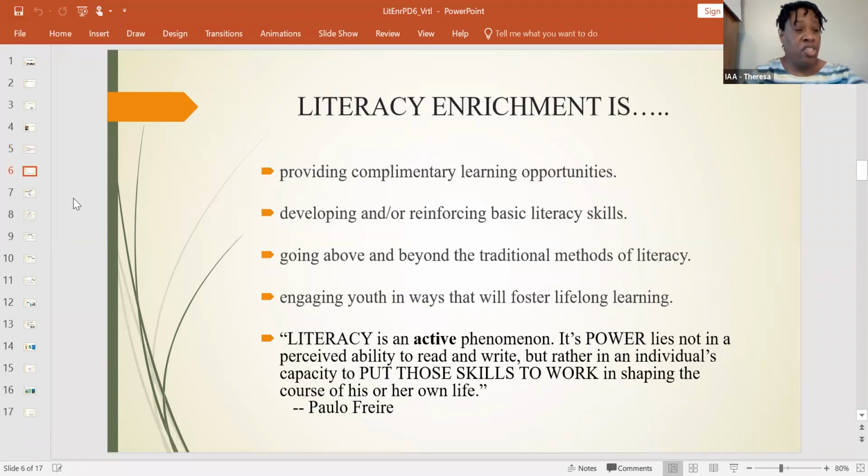Literacy enrichment is, now we're actually going to break it down into the enrichment piece. And this is something that has evolved over the course of the 3 years that I've done this workshop. So the first one is providing complementary learning opportunities.